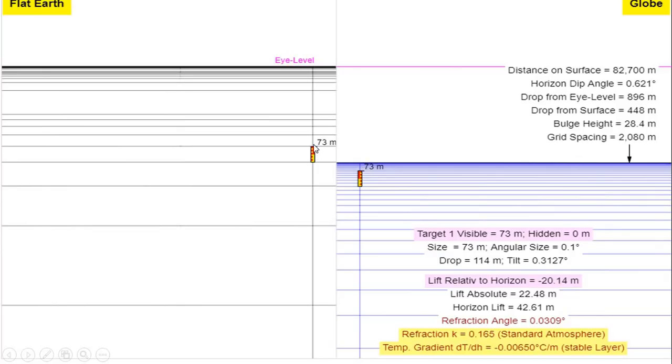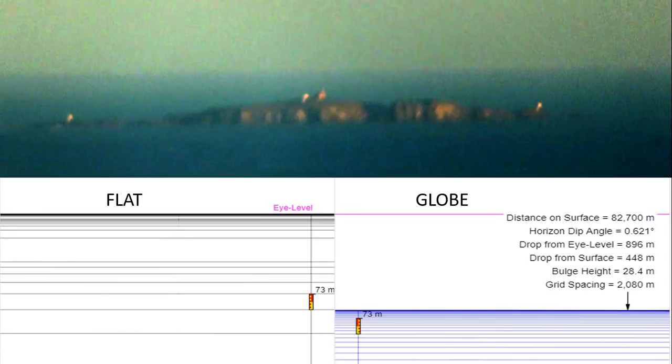On a flat Earth, of course, we should see much, much more of the water before we get to any horizon. So putting those side by side, this is what we expect on the globe. This is what we expect on a flat Earth. And the globe, I would say, pretty much matches what we do see.